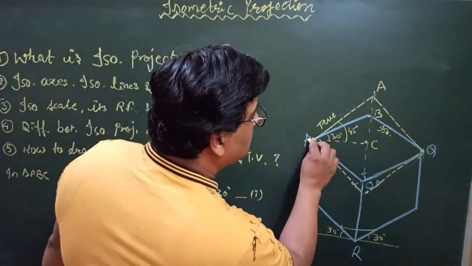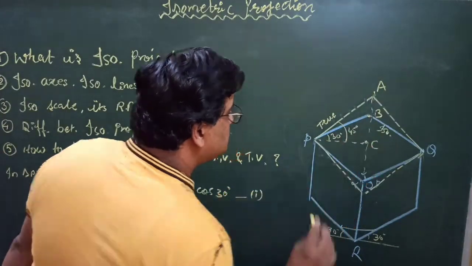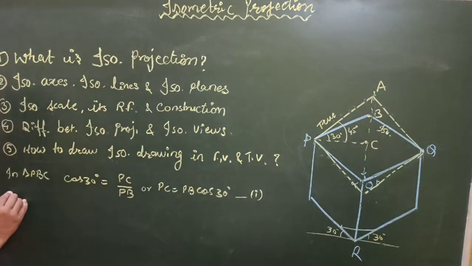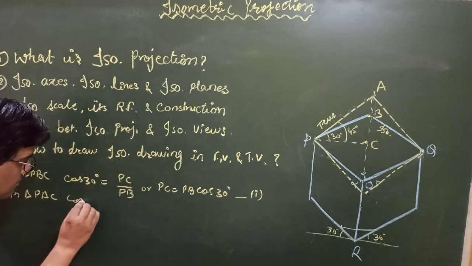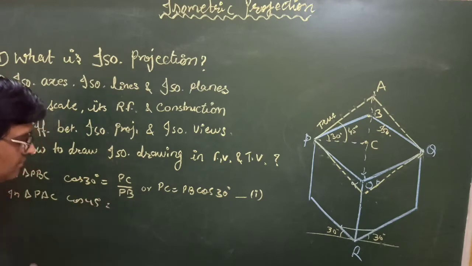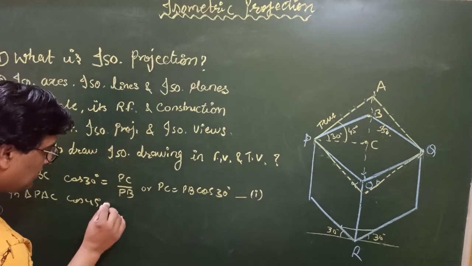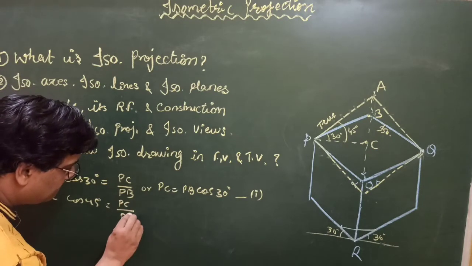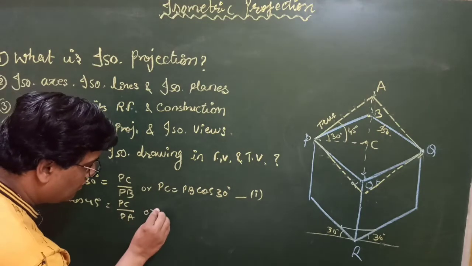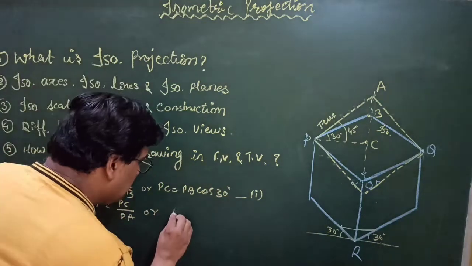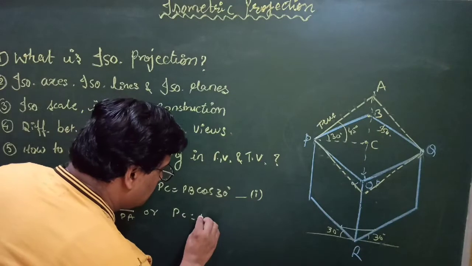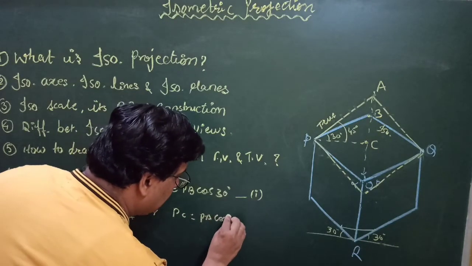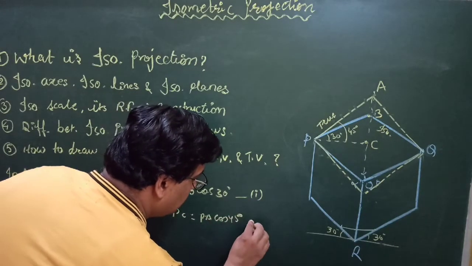Now in triangle PAC, cos 45 can be written like PC divided by PA, or you can say PC is equal to PA cos 45 degree.